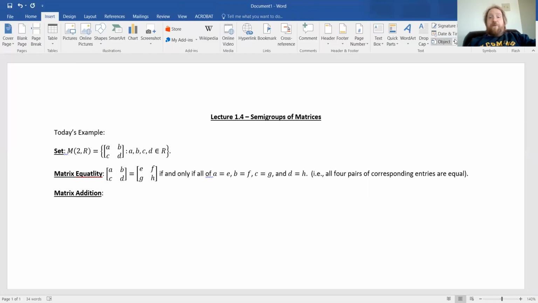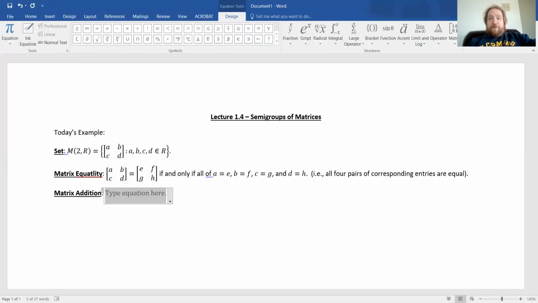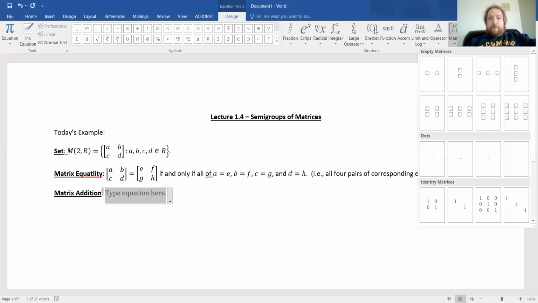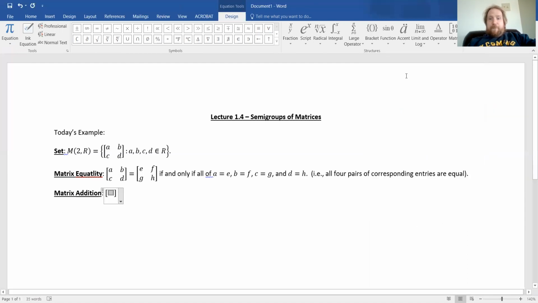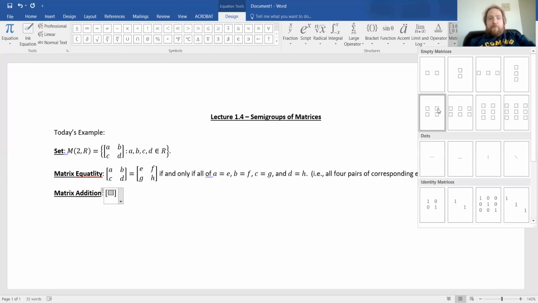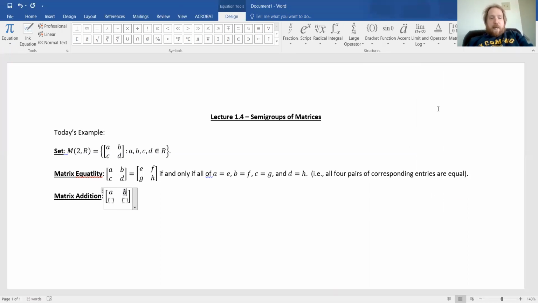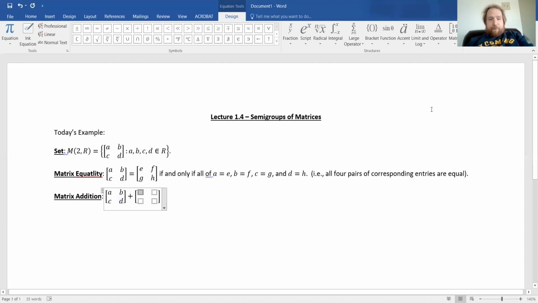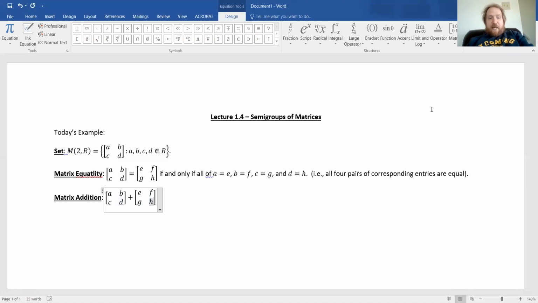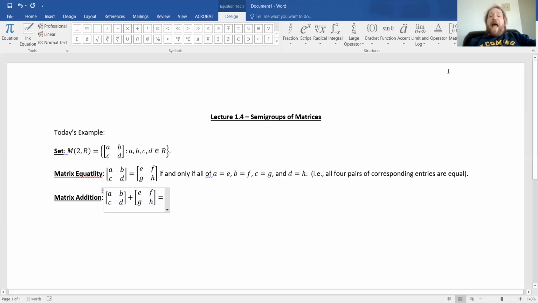We have a couple of 2 by 2 matrices, A, B, C, D plus E, F, G, H. And the way that we add matrices is we simply add the corresponding entries.